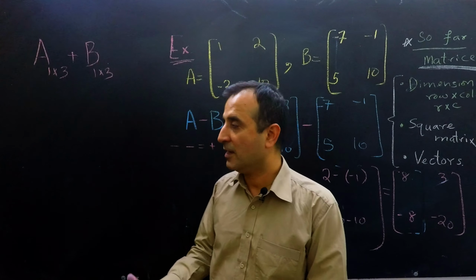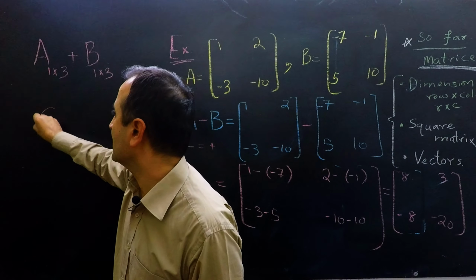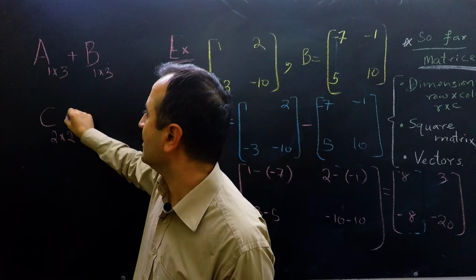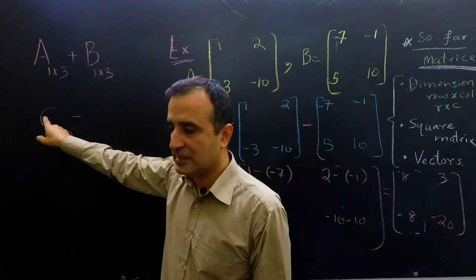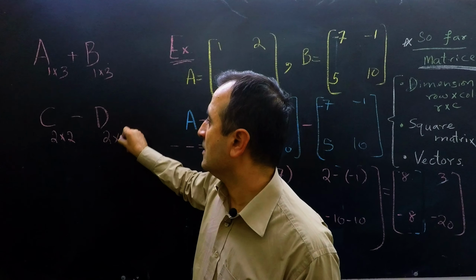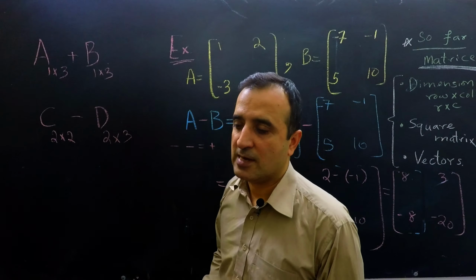But in contrast, if I have a matrix C which has dimension 2 times 2, and I want to subtract from matrix C matrix D which has dimension 2 times 3, then I cannot do that. This is an illegal operation because these two matrices have different dimensions.